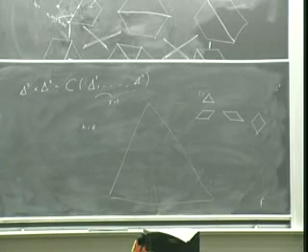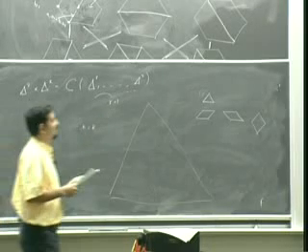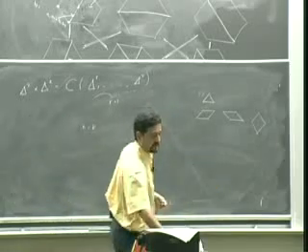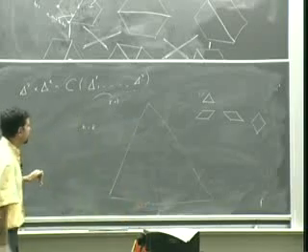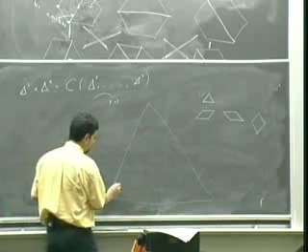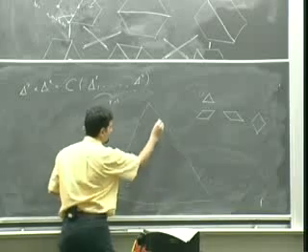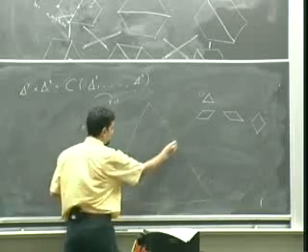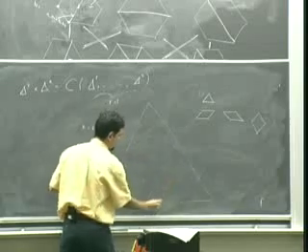And here I claim that you actually don't need to care about things intersecting properly. Actually, let's go a bit farther. So this triangle comes with a natural triangle tiling, okay?